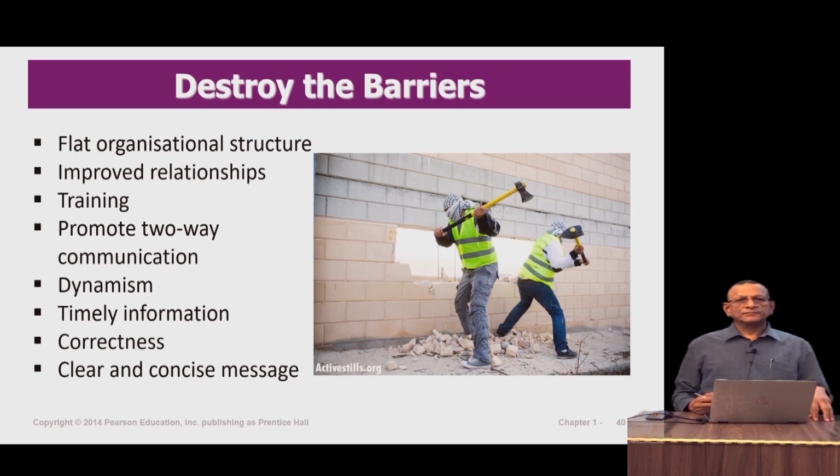We should train subordinates and supervisors as well to communicate well so that they may not suffer from such barriers. We have to promote two-way communication within the organization, and it should be dynamic. Dynamic means both the parties are in a position to interact with each other.